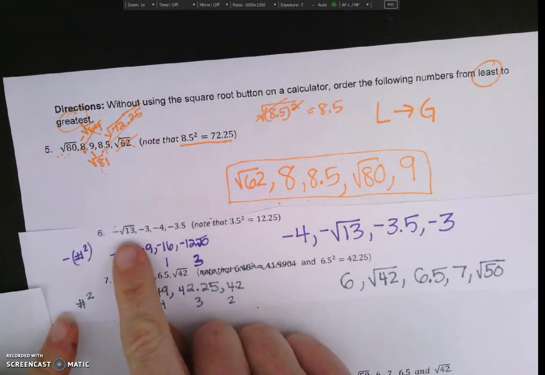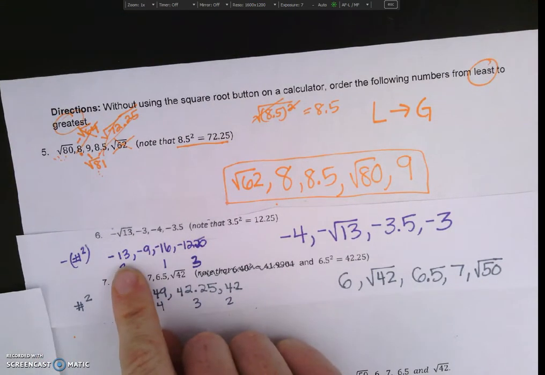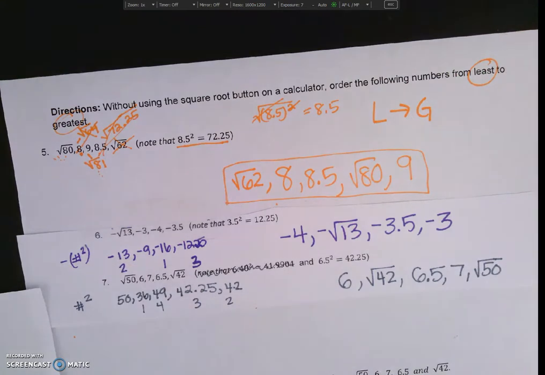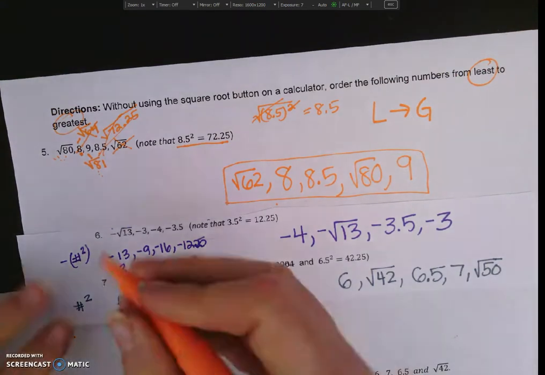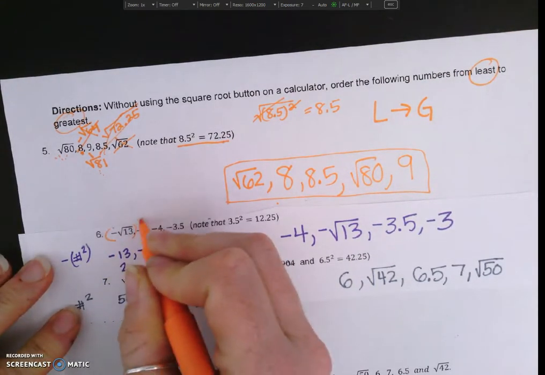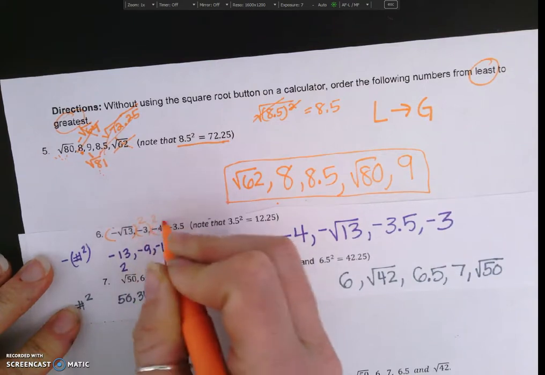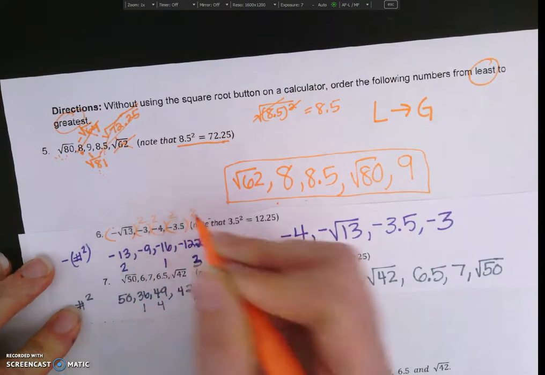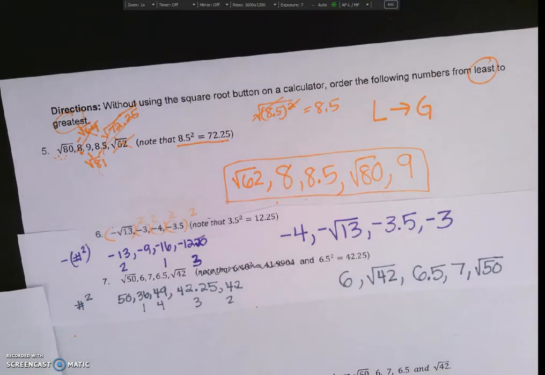So when you're thinking about these numbers, negative radical 13, you can think about squaring all these numbers. So I'm going to square all of them, but still keep them negative. So that's another way you can think about these numbers.